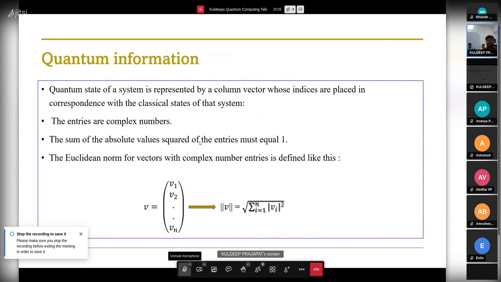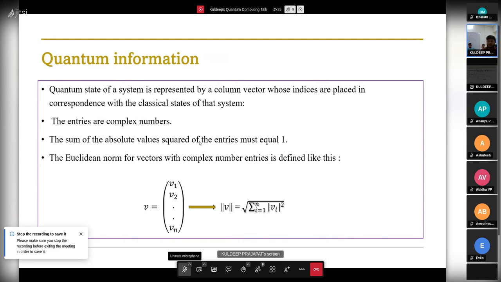The same reason applies as before: these are all probabilities, and they should sum to 1. So if the entries of our column vector are complex, how do we take the absolute square?